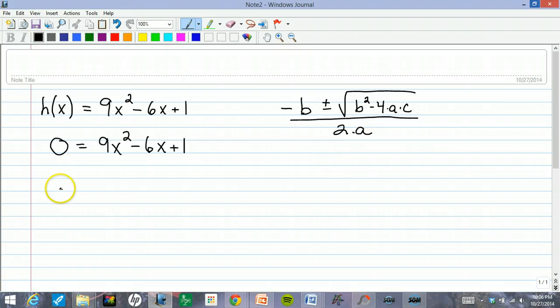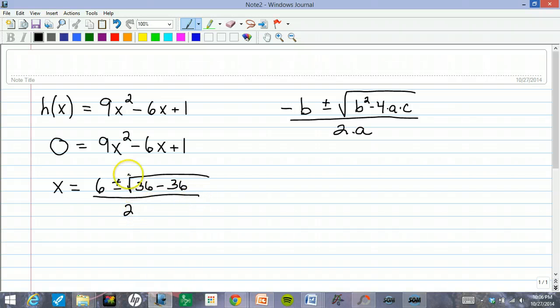So the solutions to this equation, the zeros, are: I'll take the opposite of b, 6, since our b is negative 6, plus and minus the b value squared. Negative 6 squared is 36, minus 4 times a times c. 4 times 9 is 36, times 1 is 36. Well, that's strange, or is it? All over 2a, 2 times 9.